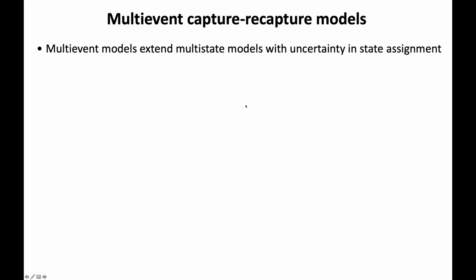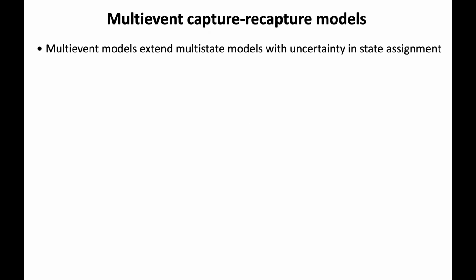Okay, multi-event models. These models extend multi-state models in the sense that they allow you to account for uncertainty in the assignment of a state. We saw the states alive, A, B. So you have some uncertainty in the state, and you don't know how to assign a state to an individual. And this happens all the time in real life, and we're going to see a few examples.